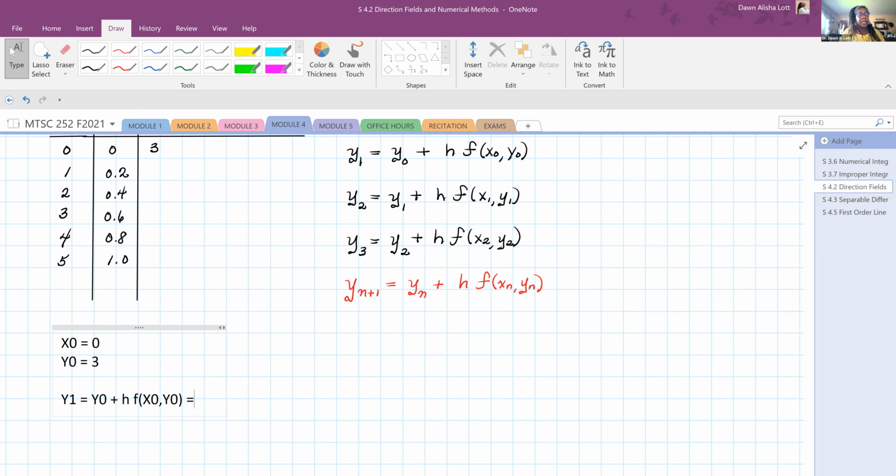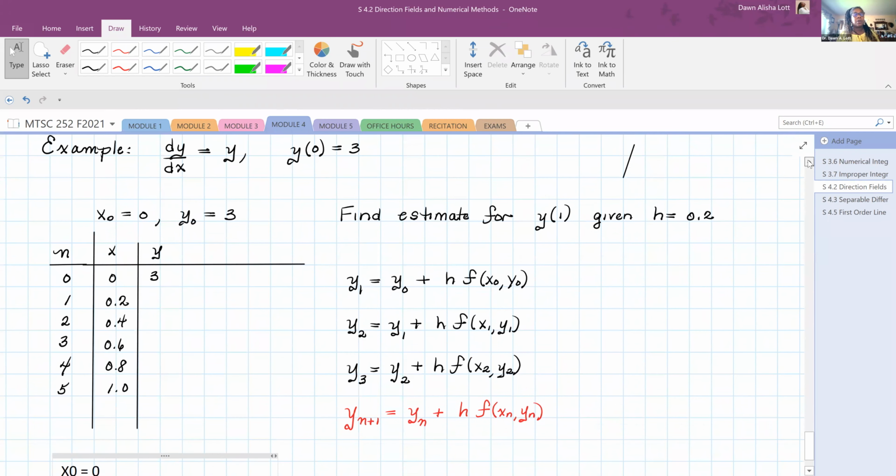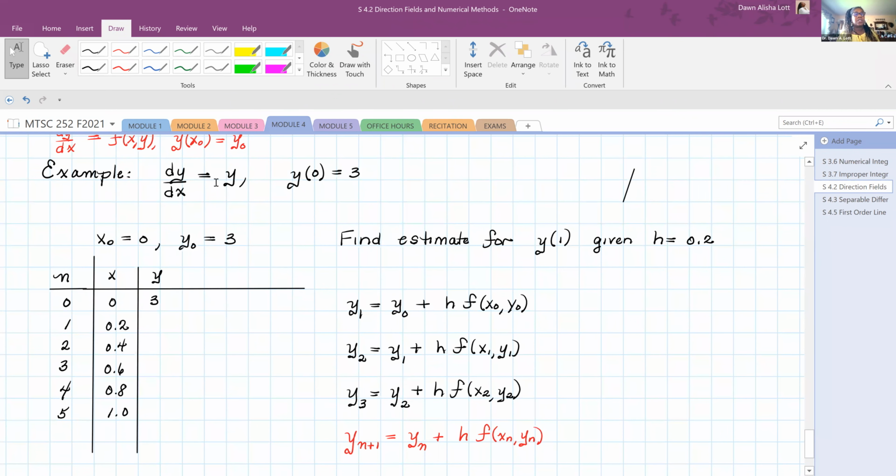Okay, so what is that? Well, y0 we said was 3, plus h is 0.2, and f of x0, y0 is just y. Where do I know that from? Back here in the problem. Remember, f of x0, y0 is just the function on the right-hand side.